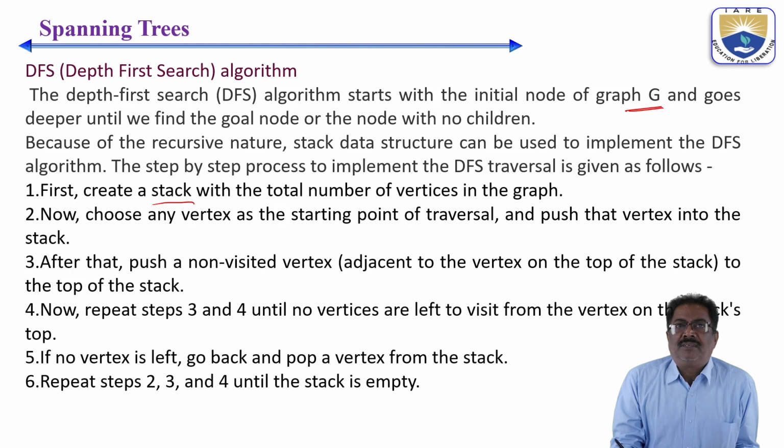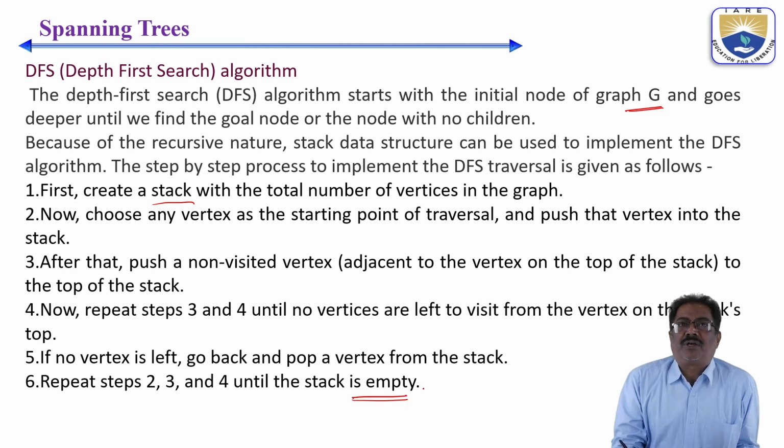Then push a non-isolated vertex adjacent to the vertex on the top of the stack to the top of the stack. Now repeat 3 and 4 until no vertices are left to visit from the vertex on the top of the stack. If no vertex is left, go back and pop the vertex from the stack and repeat 2, 3, 4 until the stack is empty.